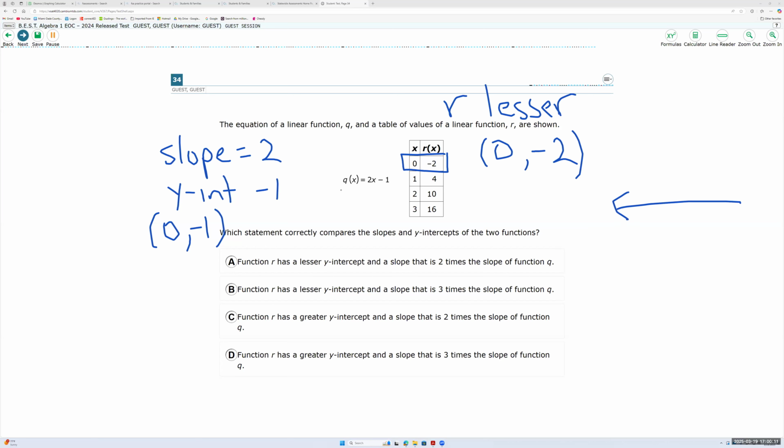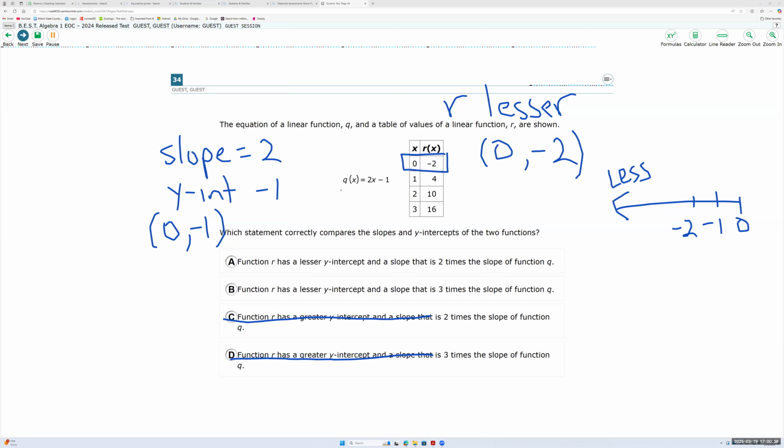If you look at the number line, less is always to the left, even with the negatives. So -1 is going to be greater than -2, because -2 is to the left of -1. So I'm going to eliminate the ones that say that the r has a greater y-intercept. Now we need to compare the slopes.